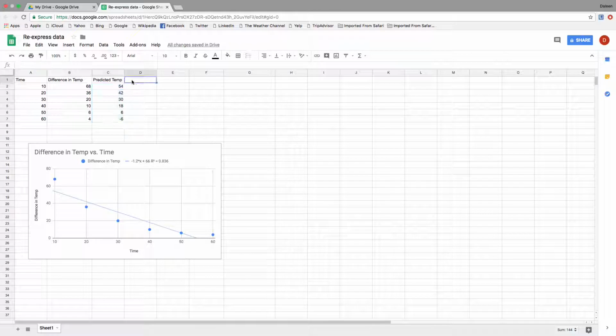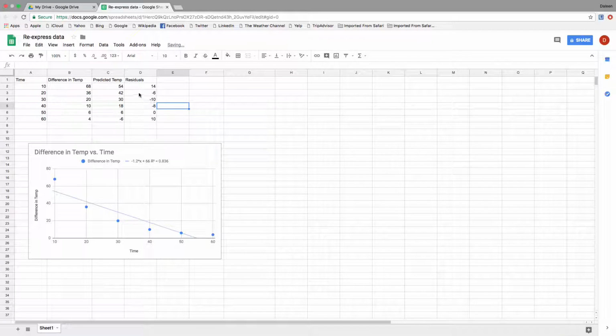And now if I want the residuals, a residual is the observed value, so the actual value minus the predicted value. So observed minus predicted, I'll press enter, and I can just drag that down as well.